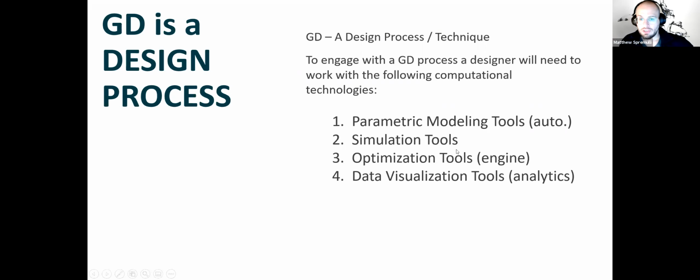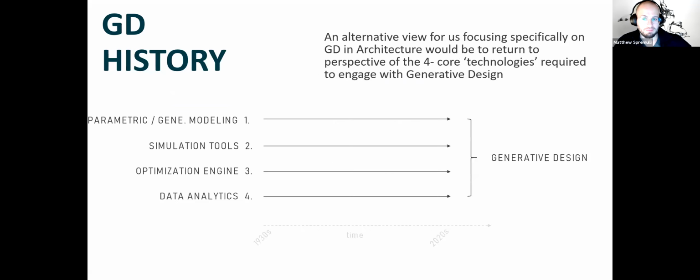There are simulation packages, like Ladybug or Honeybee, packages that help you understand the performance of your design. Optimization tools, and we'll talk about that further. This is where the genetic algorithm comes in. And finally, some data visualization tools to see all of the different iterations you might have made.